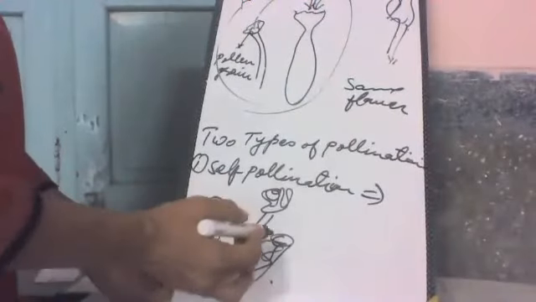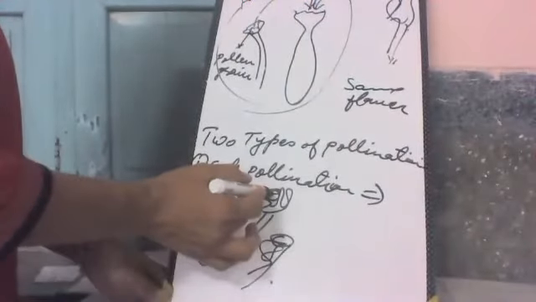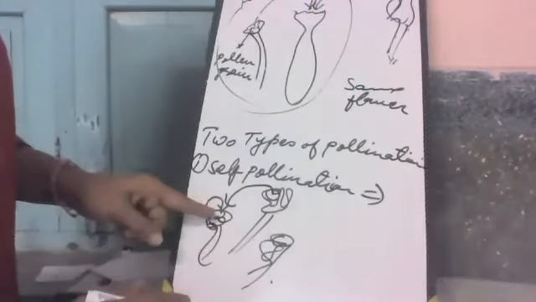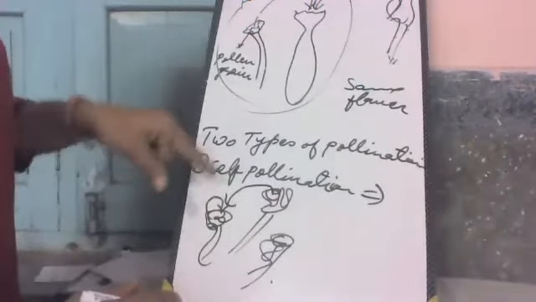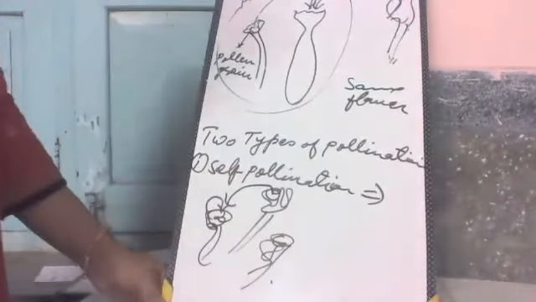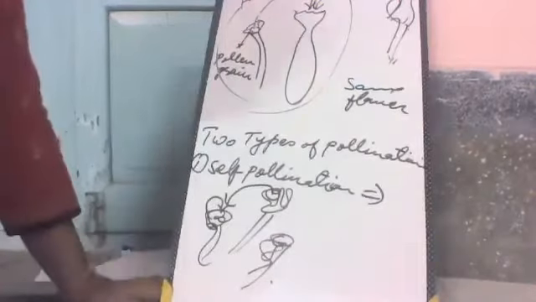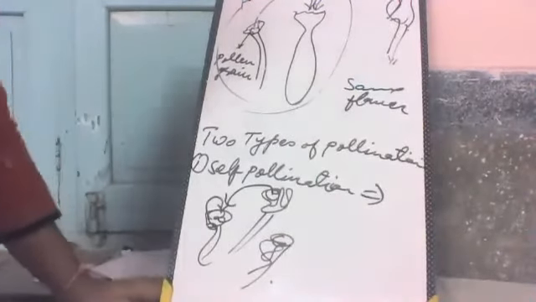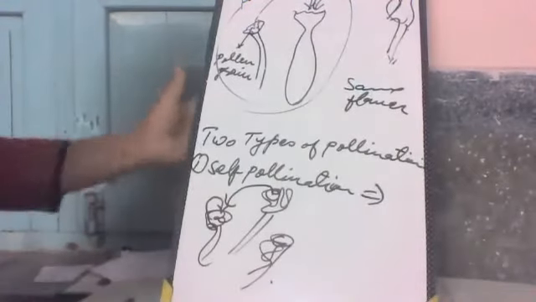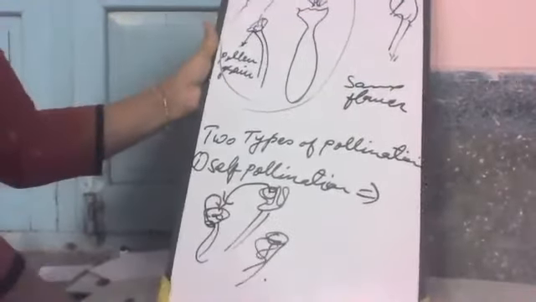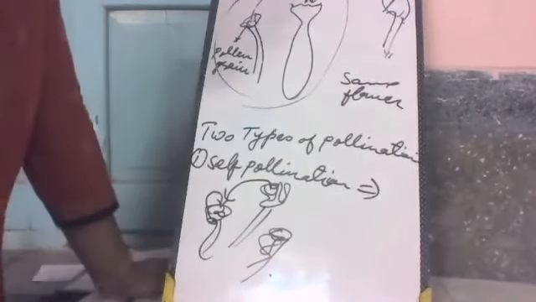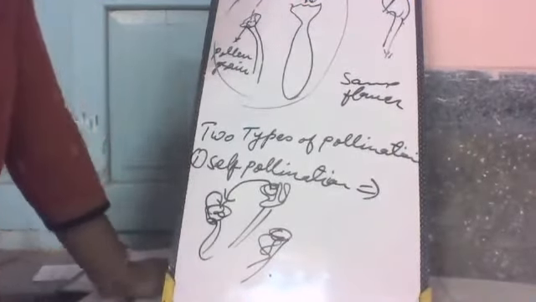Or if the pollen grains of this flower transfer to the stigma of another flower, it is also known as self-pollination. Here, the pollen grains from the anther may fall on the stigma of the same flower or the stigma of another flower on the same plant, and this is known as self-pollination.